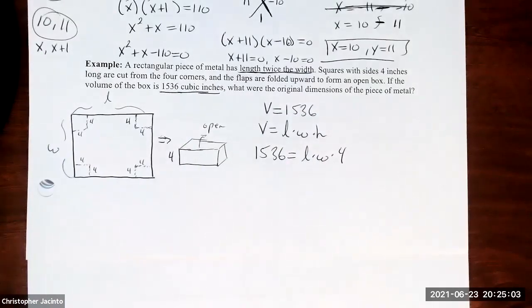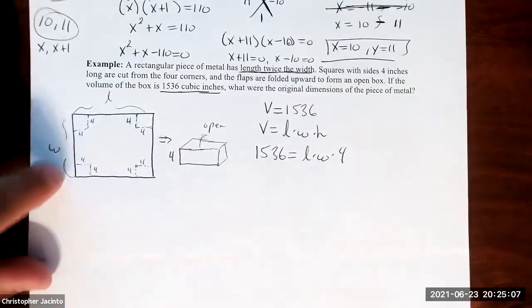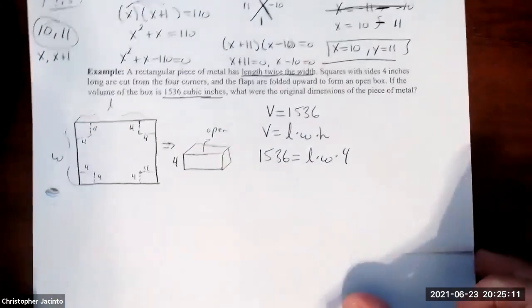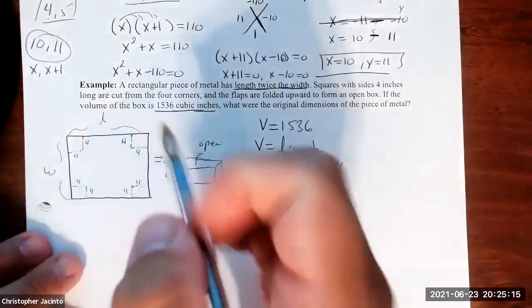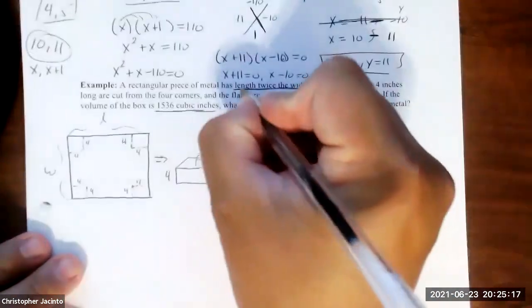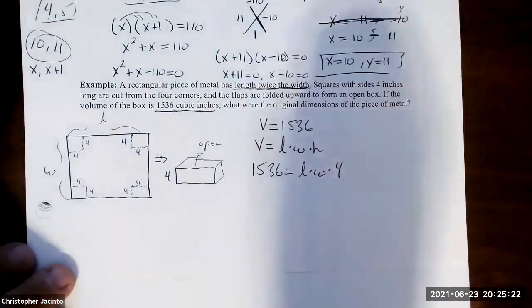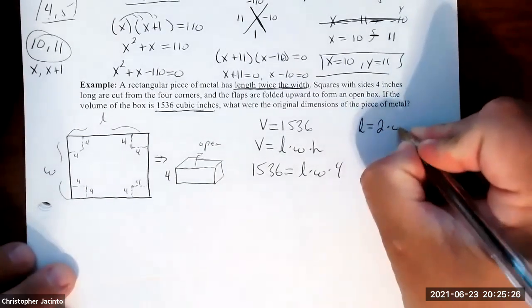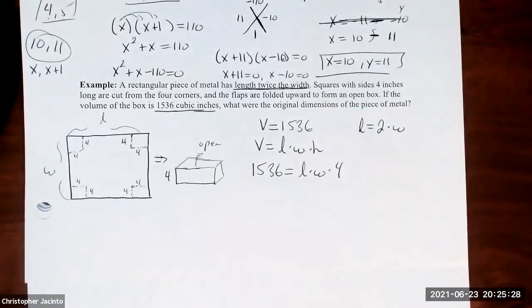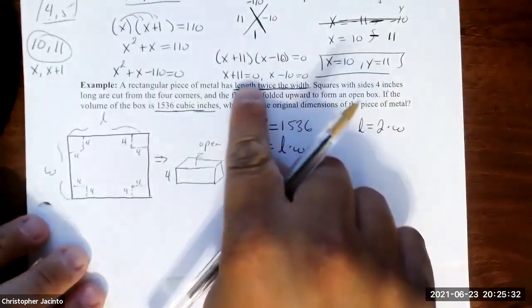Okay. Now we go back to our original paper and see what's happening here. So it says that the length is twice the width. So the length equals 2 times the width. We know that for a fact, again, going from the scenario here.